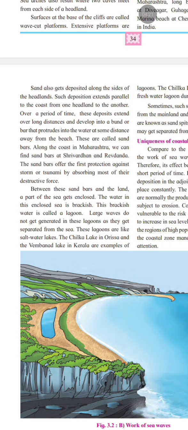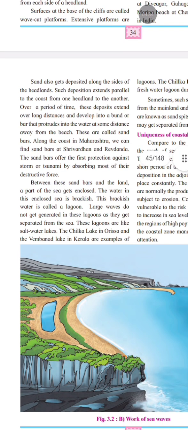This is called a sandbar. In Maharashtra, sandbars can be seen at Shrivardhan and Revdanda. The sandbars offer the first protection against storms or tsunamis by absorbing most of their destructive force.